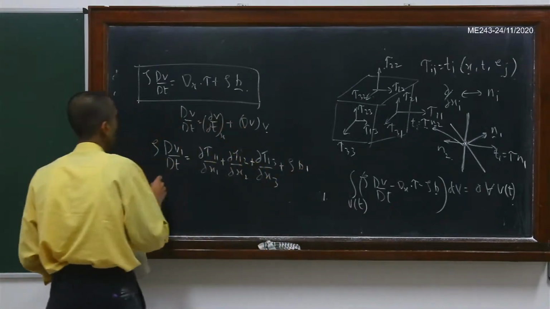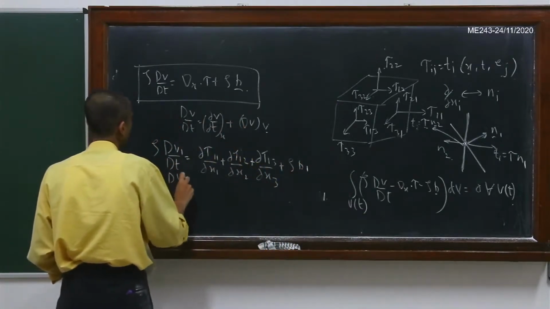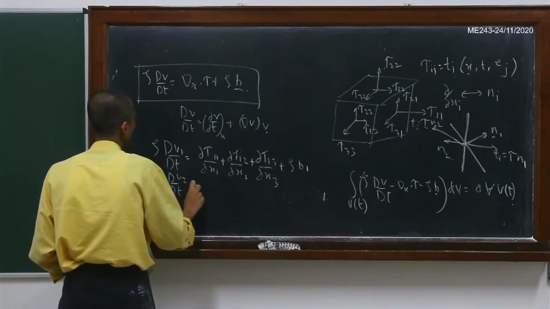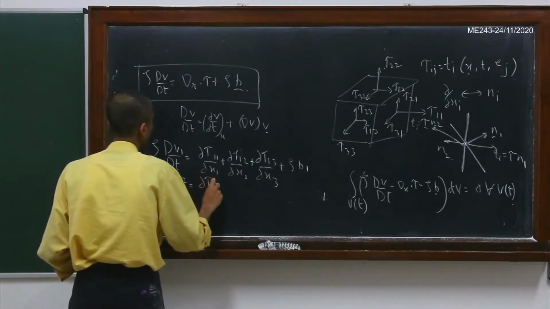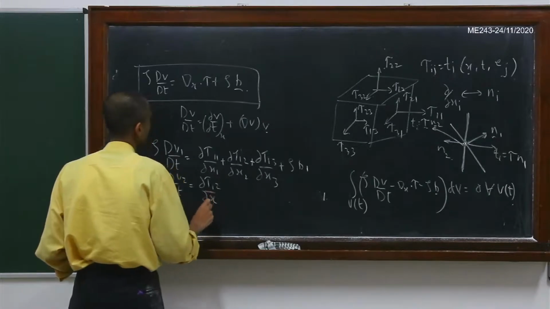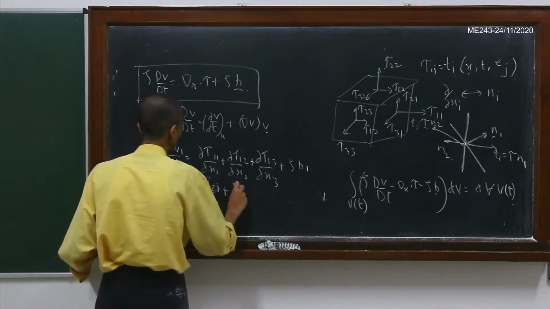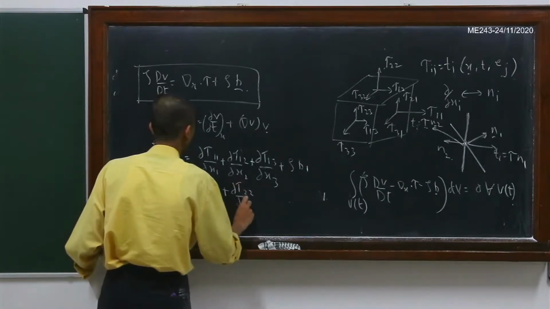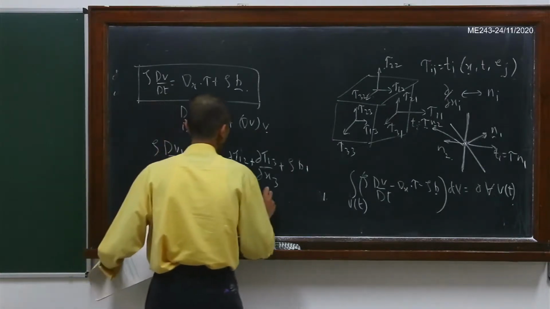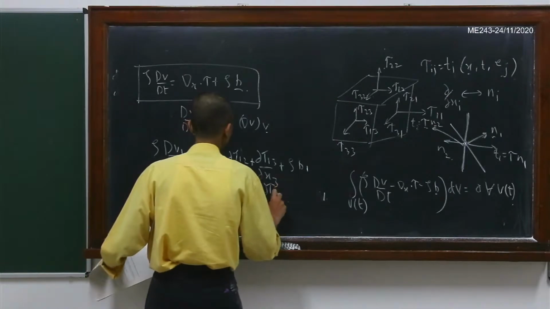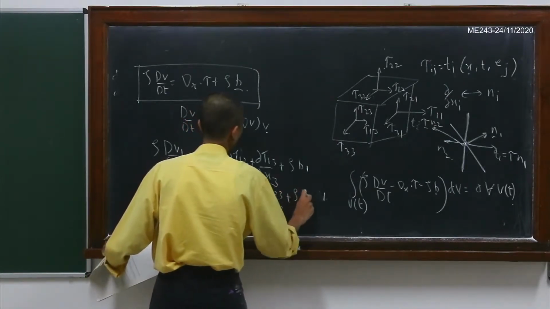Then similarly rho times dv2/dt is equal to del tau21 by del x1 plus del tau22 by del x2 plus del tau23 by del x3 plus rho times b2.